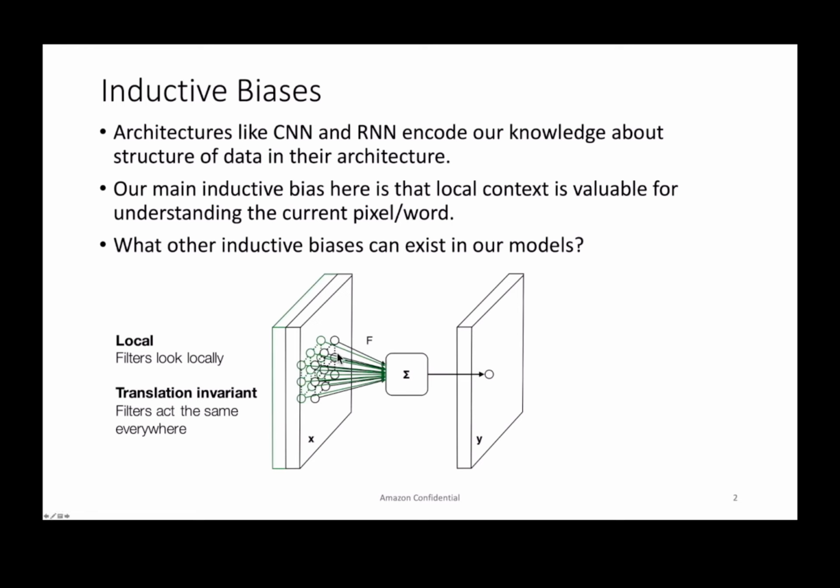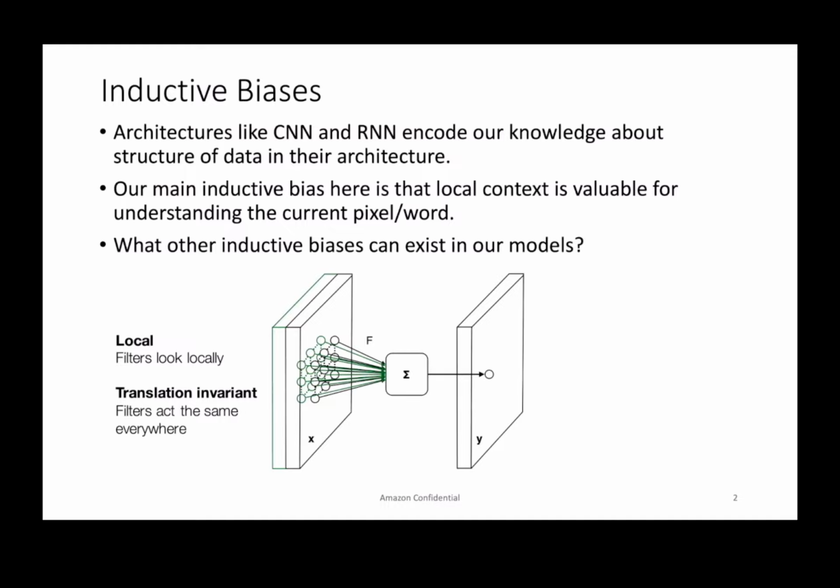For example, in convolutional neural networks, the nearby pixels have more say in what the convolution will output than pixels which are farther away. In a similar way, what kind of biases are taken into account in our model so that it can do well on a given task?